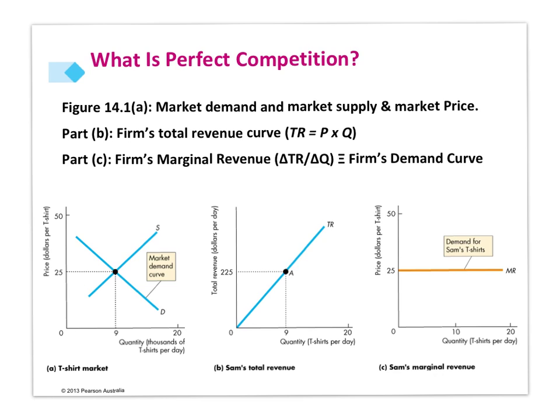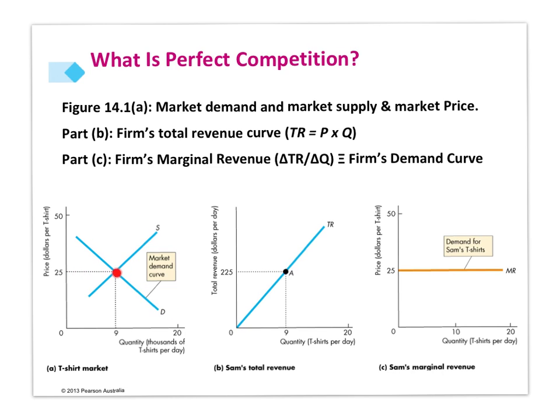There are 3 diagrams here to depict the market of a perfectly competitive industry and a typical firm. This diagram, the first diagram, is a diagram of the t-shirt market, and all the sellers are on the supply curve and all the consumers are on the demand curve.